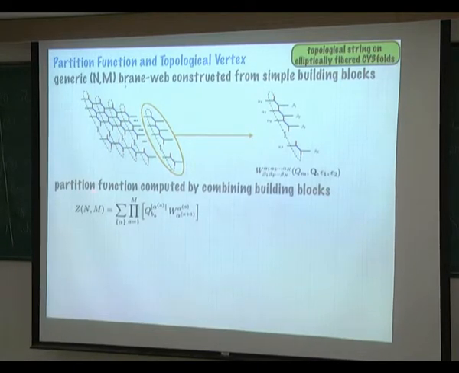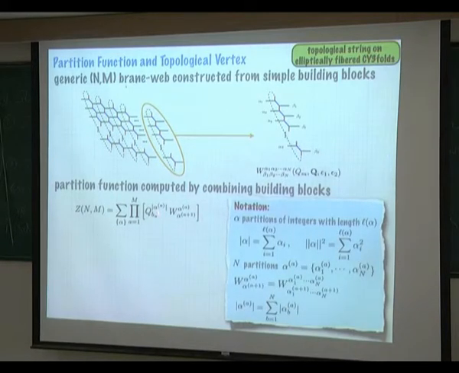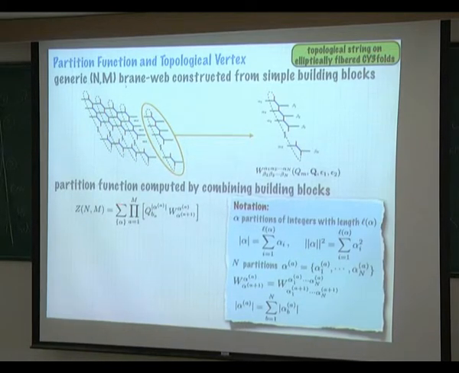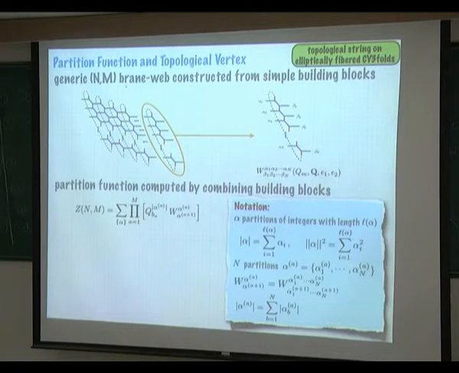The whole topological string partition function of this PQ brane web is essentially obtained by gluing together the building blocks I defined here, weighting them with the moduli of the parameters here. The notation here is a bit intricate. The sum over alpha here is the sum over all these external lines for one of the building blocks.